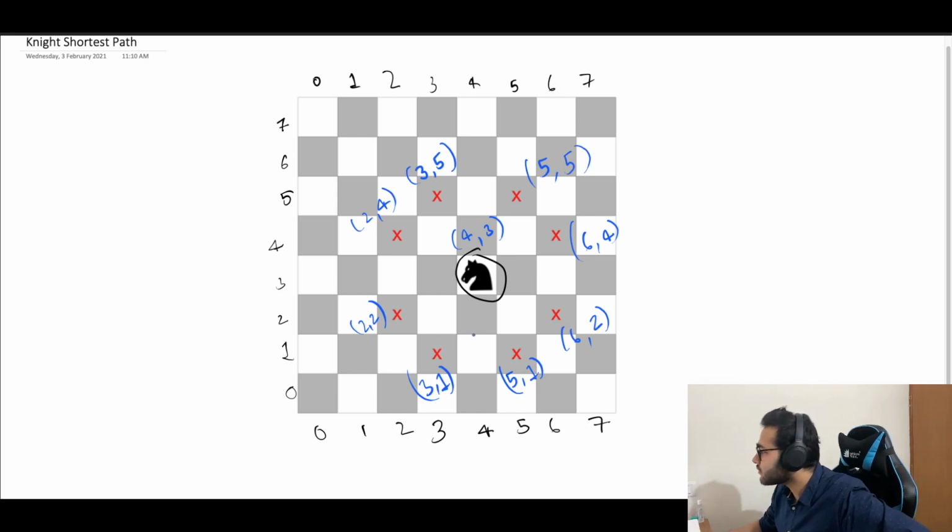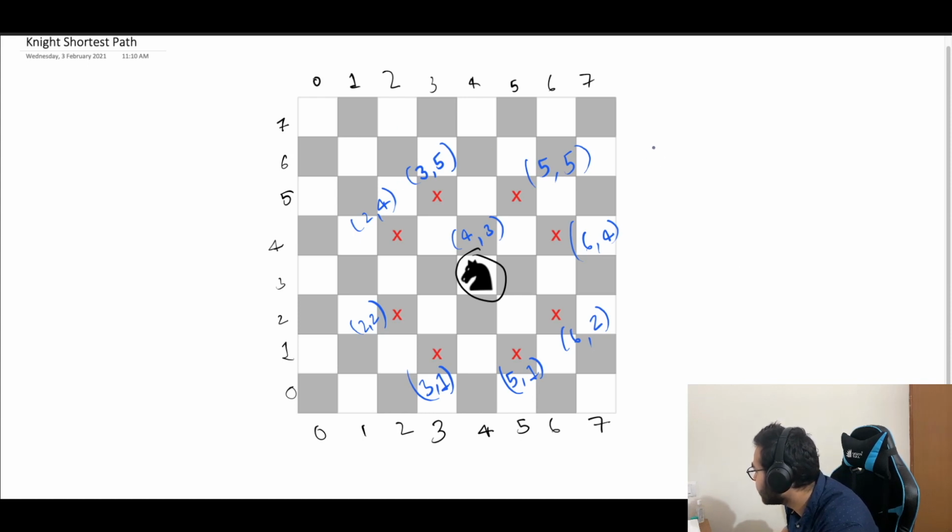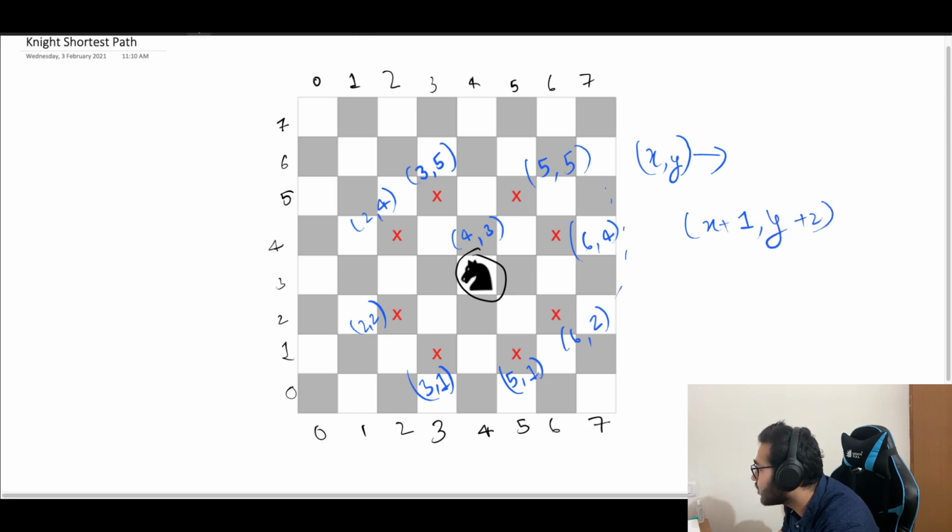So we can generalize this: if our knight is at x comma y, it can move to x plus 1 comma y plus 2. I'll go in clockwise order. Another place our knight can go is x plus 2 comma y plus 1, which is the 6 comma 4 case.